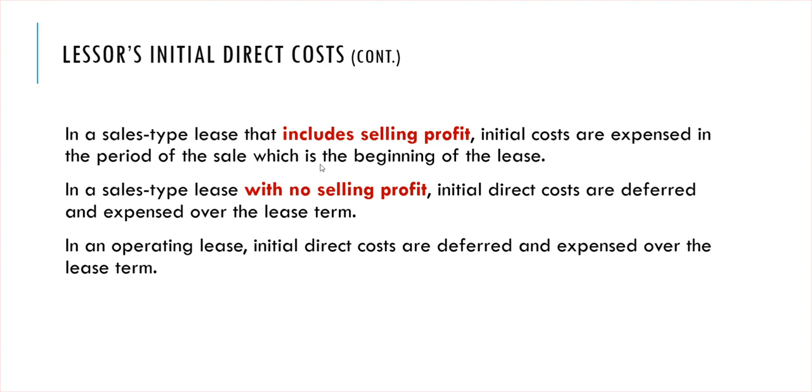Okay? If it's not associated with selling a product, you take it over the lease term. And in an operating lease, it goes over the lease term. So it depends on whether you're selling something, an item of your inventory or not, how it goes off your books.